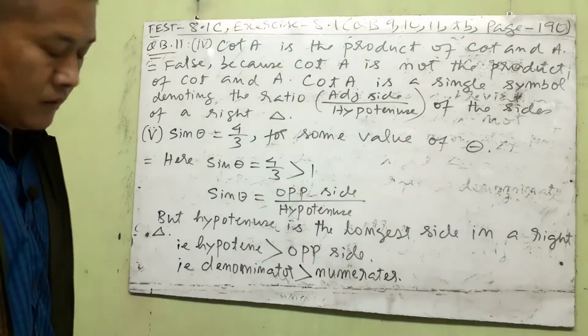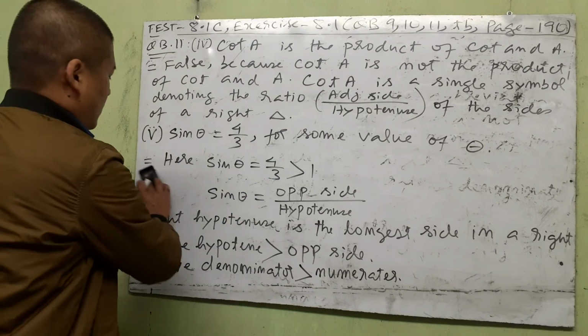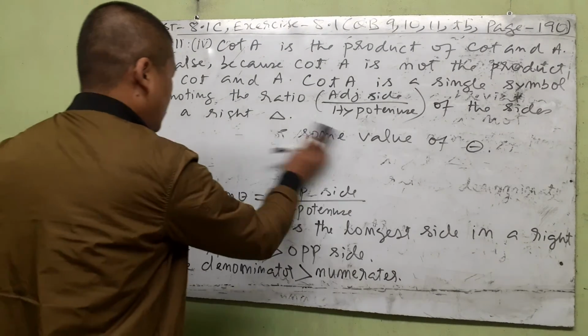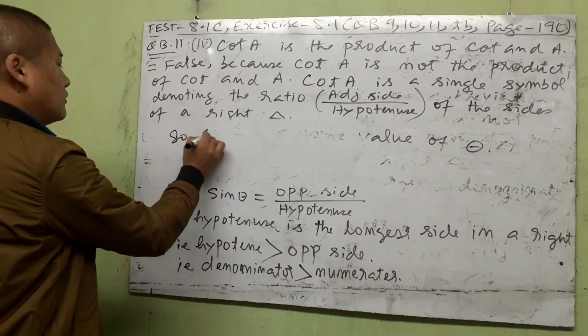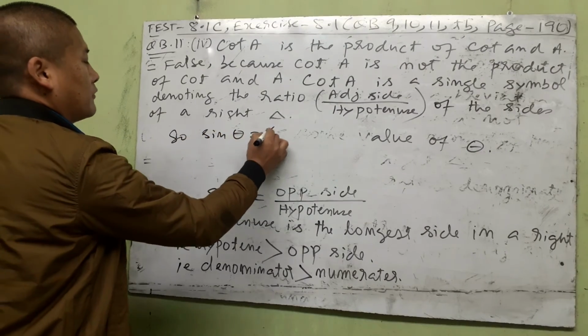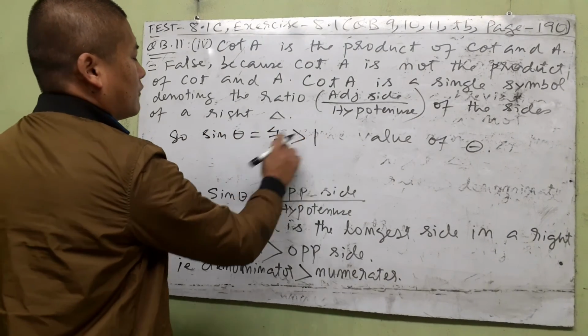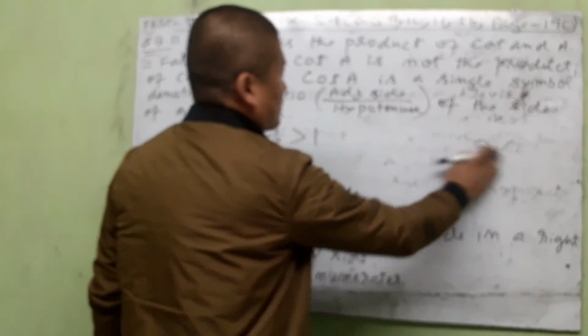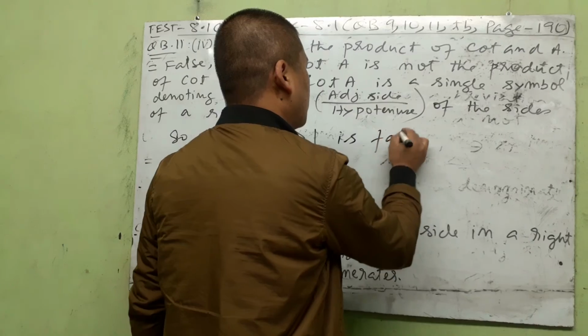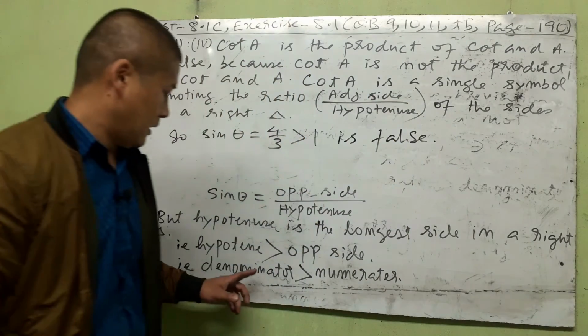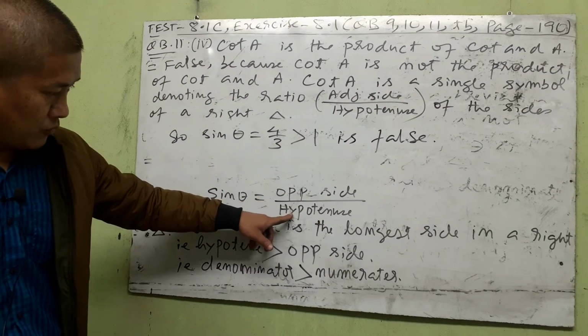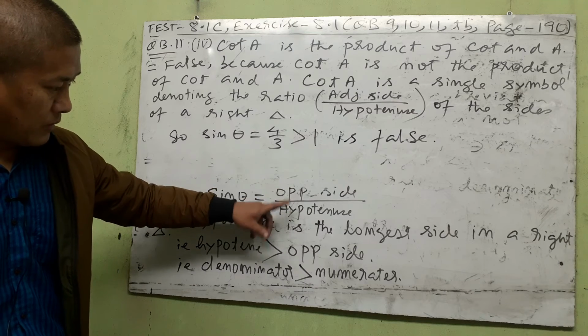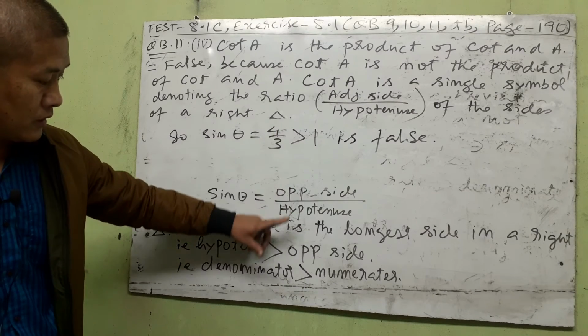So sine theta, final answer you can write here. We know very clearly sine theta equal to 4 by 3 given in the question. 4 by 3 greater than 1 is impossible, is therefore false, because hypotenuse should be greater than, so 3 by 4, then correct, but here numerator bigger.